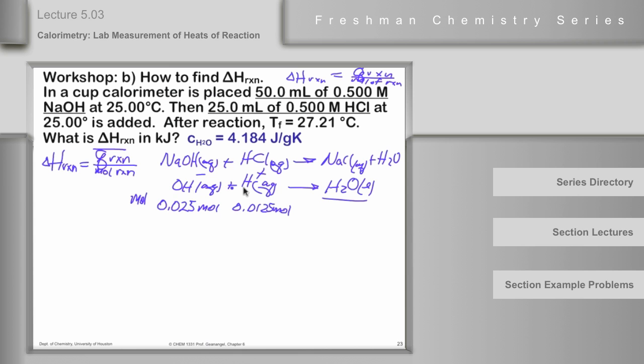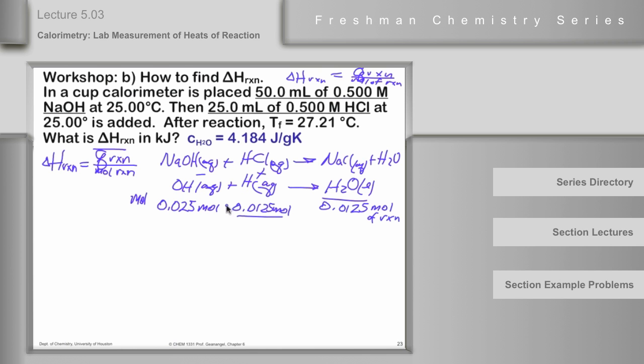There's going to be one water for every H plus, and so that's going to be 0.0125 moles of reaction. We judge that by the number of moles of product formed, and we know acid reacts with base completely. Are you comfortable with that so far? How did I get the moles? Volume converted to liters times moles per liter. Other questions?